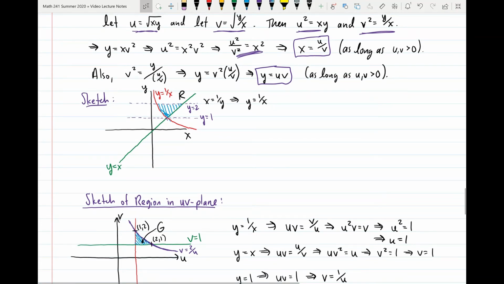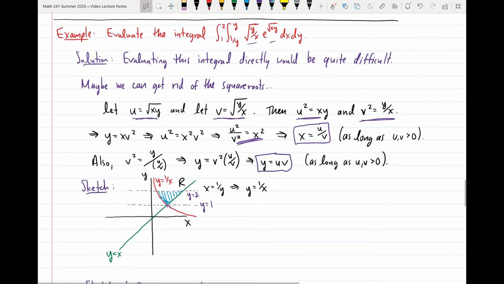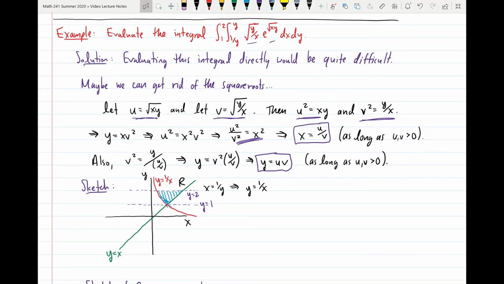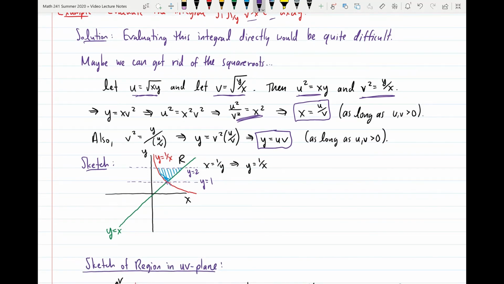So the first thing to do now is to sketch the original region R in the xy plane, just using the iterated integral that we have from above. So we have that the lower limit for x is going to be 1 over y, and the upper limit for x is going to be y. Another way to say that is we have the hyperbola y equals 1 over x.